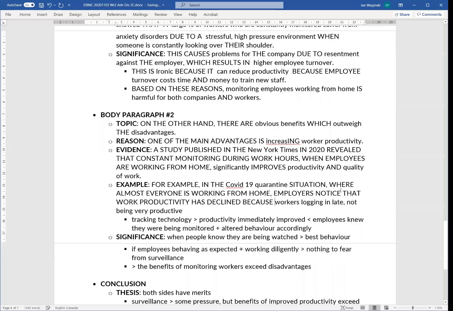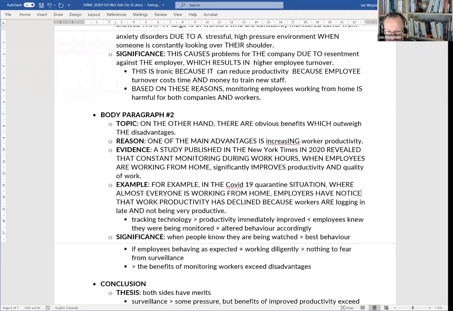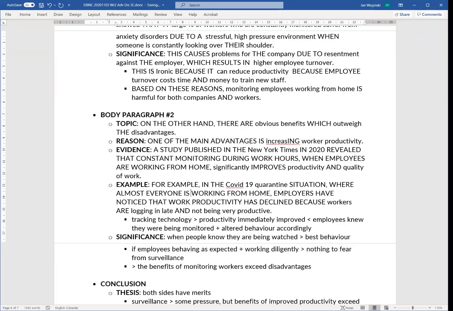Because workers are logging in late and not being very productive. So they implemented the tracking technology. Okay. Employers, I'm going to say, have noticed. I'm going to say many employers.